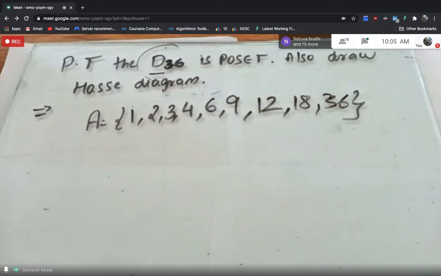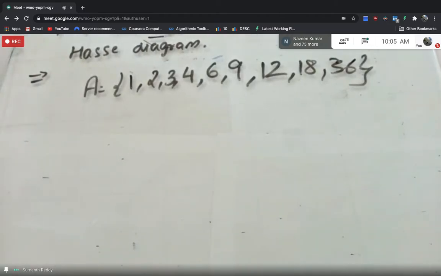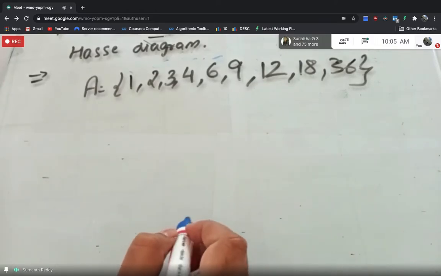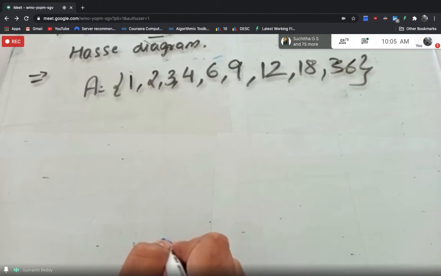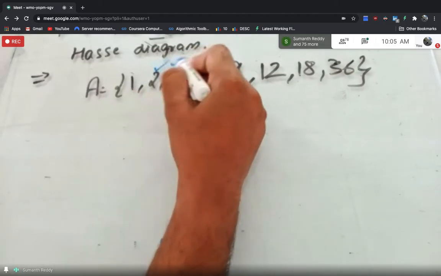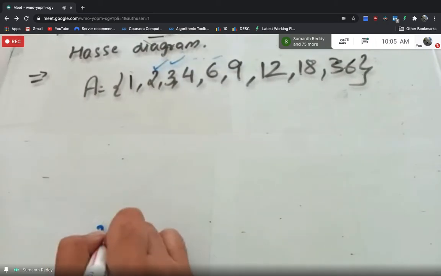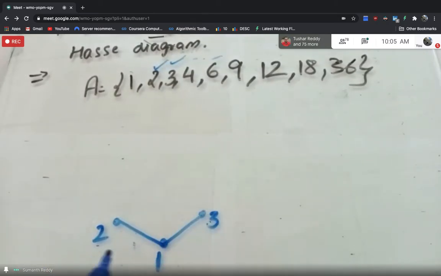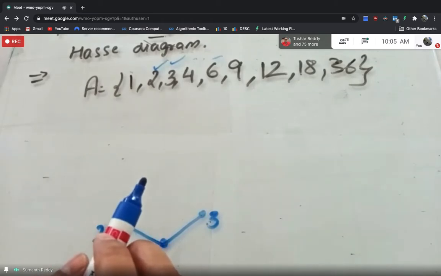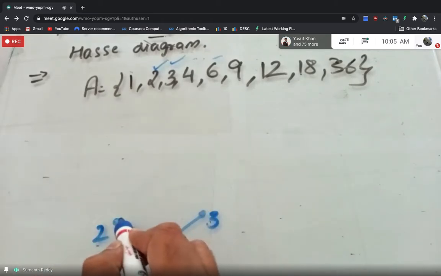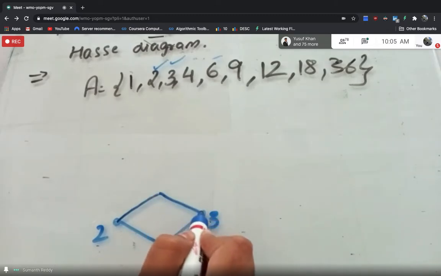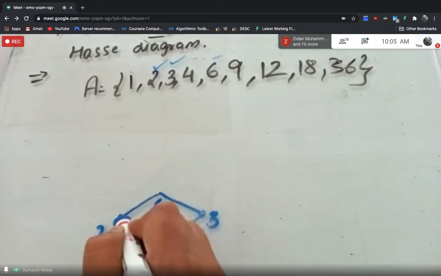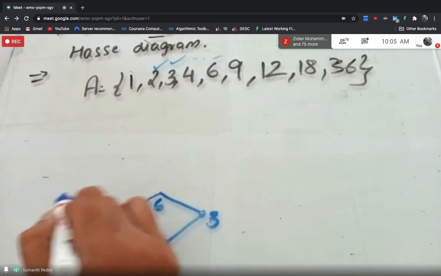After this, let us try to write the Hasse diagram for this. The first number, the least element, will be 1. I have to start with 1. This time, the numbers that are related with 1 directly are 2 and 3. Then, for 2 and 3, both 6 is related, so I can write 6 here. 4 is related with only 1 and 2, so I can write 4 here.